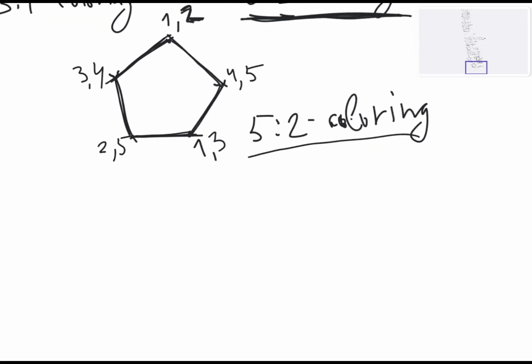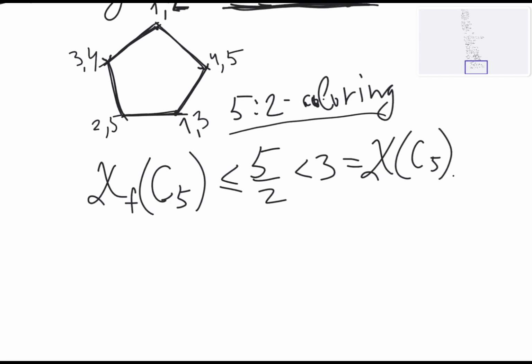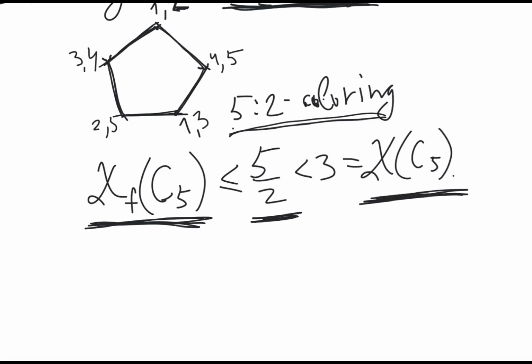I didn't prove what it is exactly; it might be 2 and a half, it might be less, but this example shows it is at most 2 and a half. For all graphs it's less than or equal to the chromatic number, and here is an example where it is strictly less.